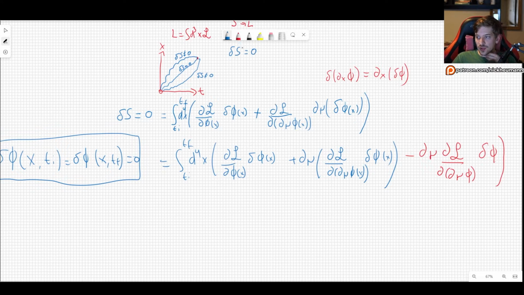So with what we have done now, the whole point is that now we have this total derivative, which is of course easy to integrate. It's a total derivative, so let's leave it alone on one side.